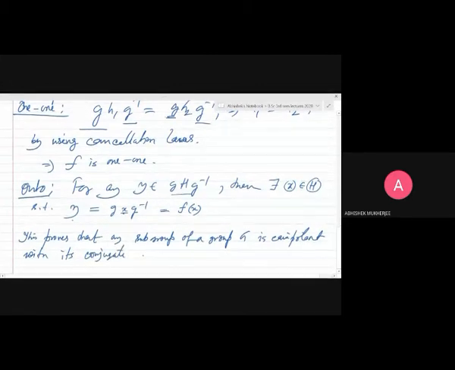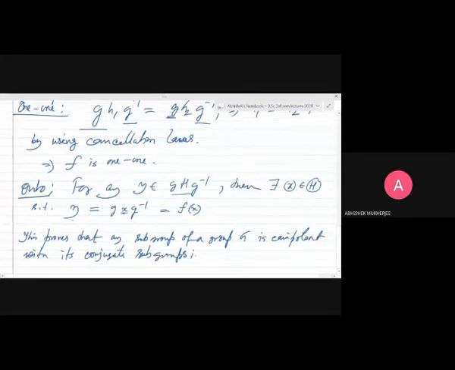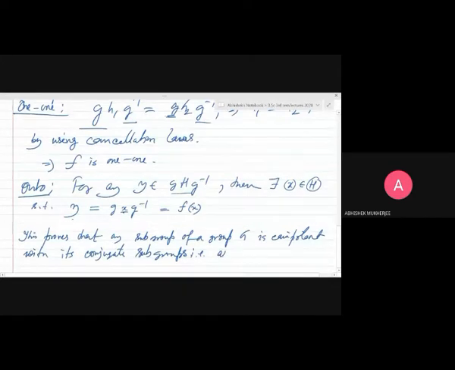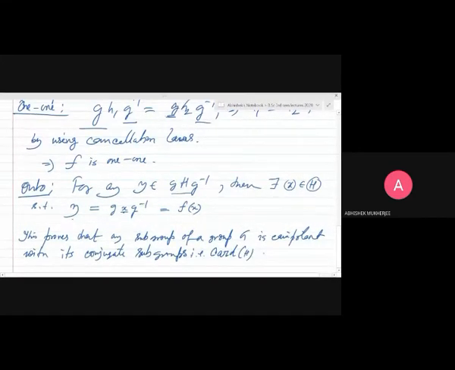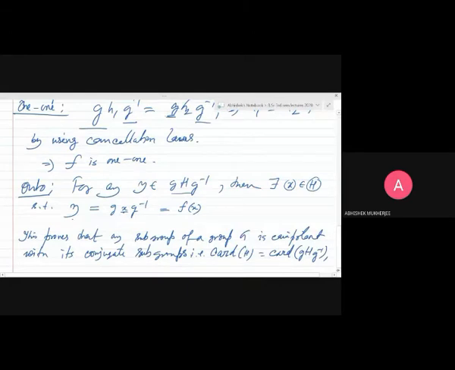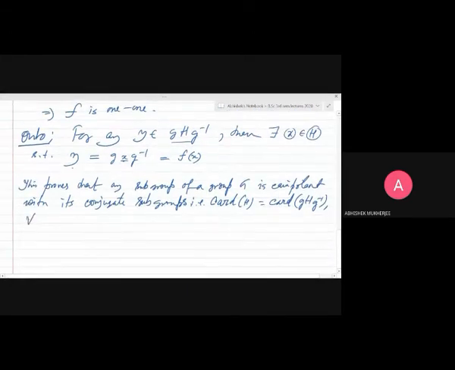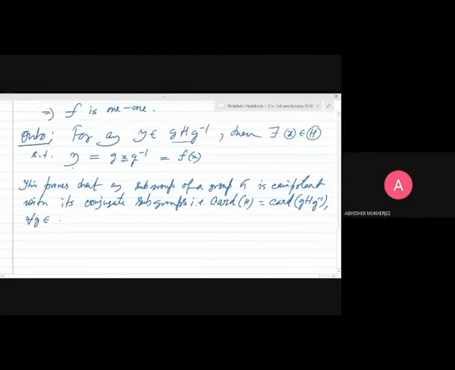So that means the cardinality of H is equal to the cardinality of G H G inverse for any G. Right.